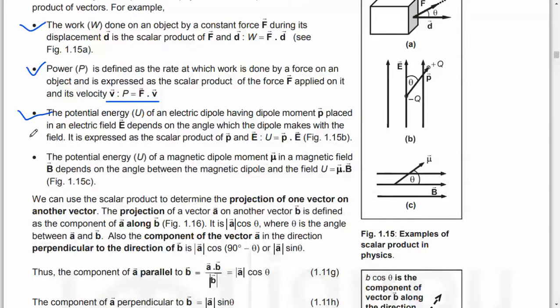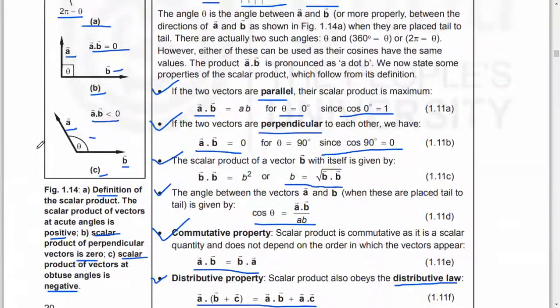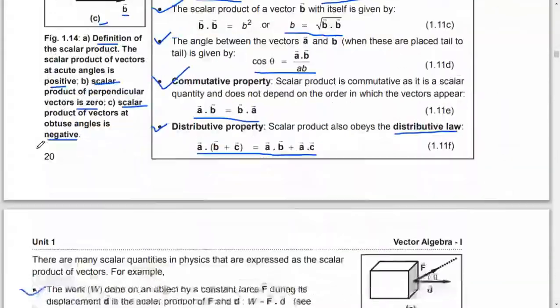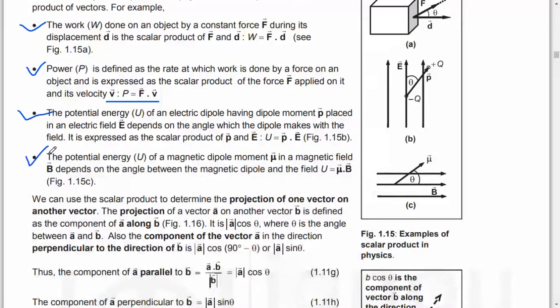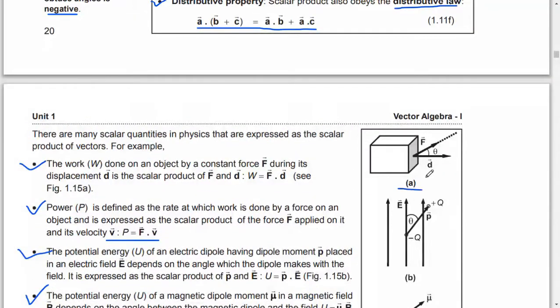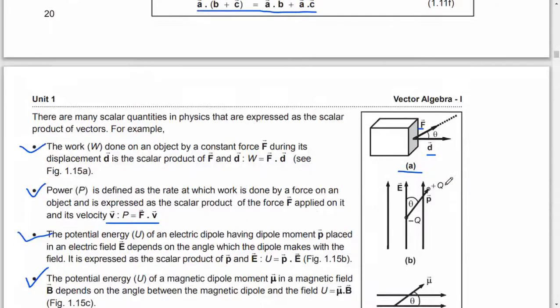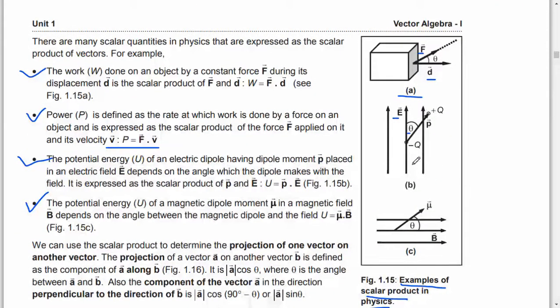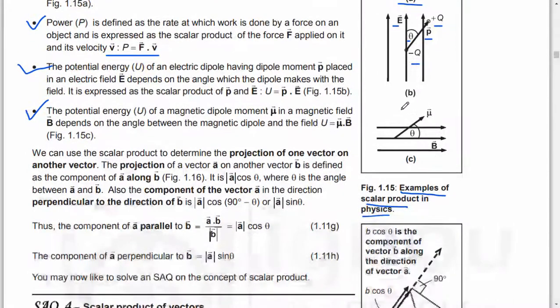It is expressed as the scalar product of p and E, that is U equal to p dot E. The potential energy U of a magnetic dipole moment mu vector in a magnetic field B vector depends on the angle between the magnetic dipole and the field, U equal to mu dot B, figure C. Examples of scalar product in physics.